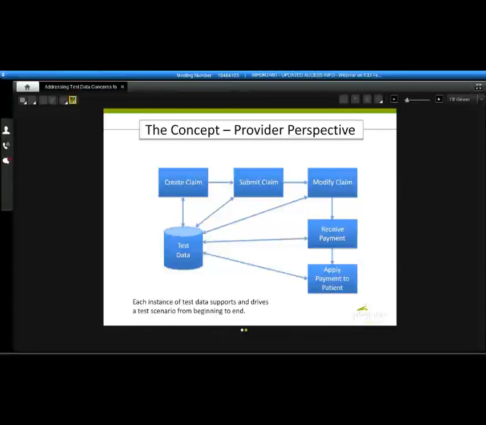There's quite a bit of secondary weight that you have with your test data. And when I say weight, I mean WEIGHT. It's just this burden that you have to deal with. So it makes sense to keep it lean and mean.